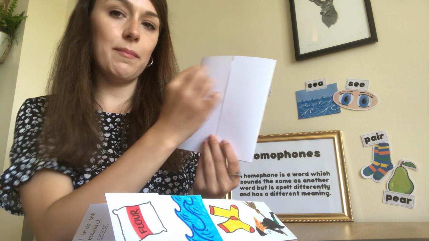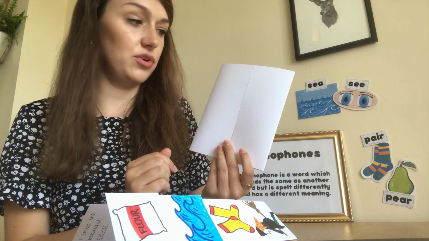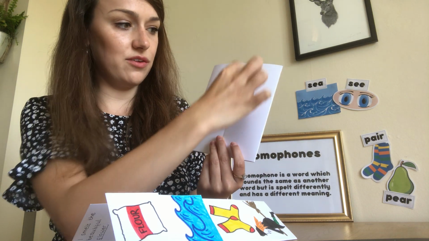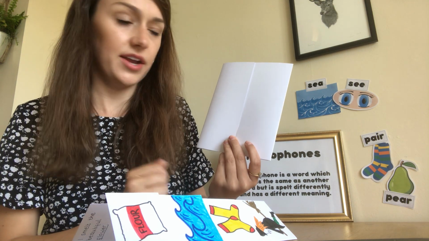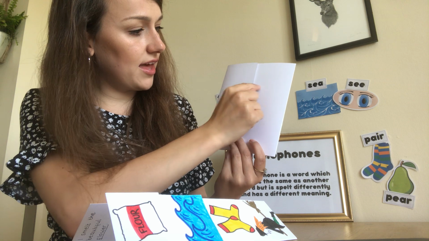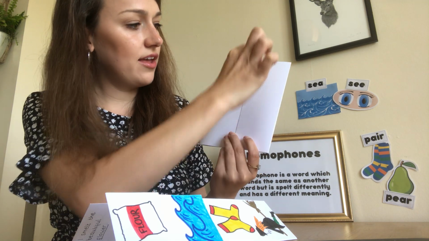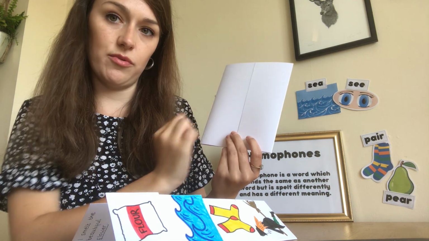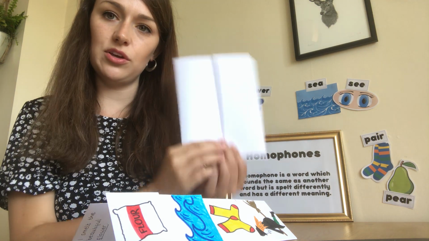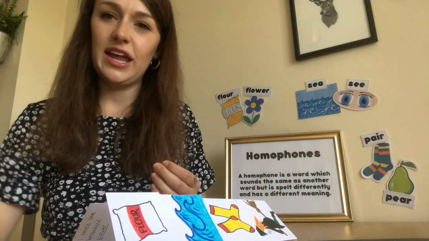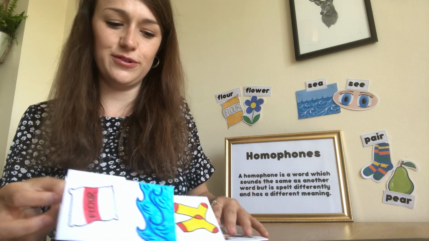The amount of pairs of homophones you use will depend on how many flaps you make available on each side. So if I cut down there and there, there and there, you would have 3 pairs of homophones. That's completely up to you based on the size of the paper you use and the amount of homophones you choose to use.